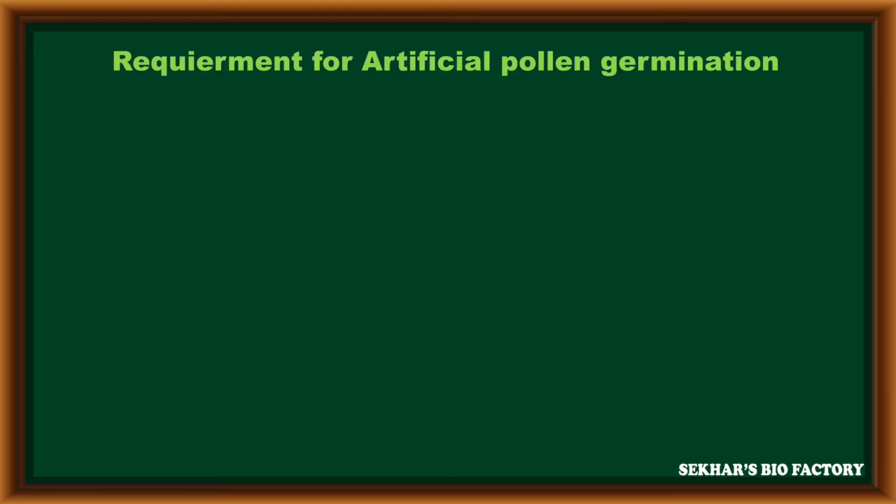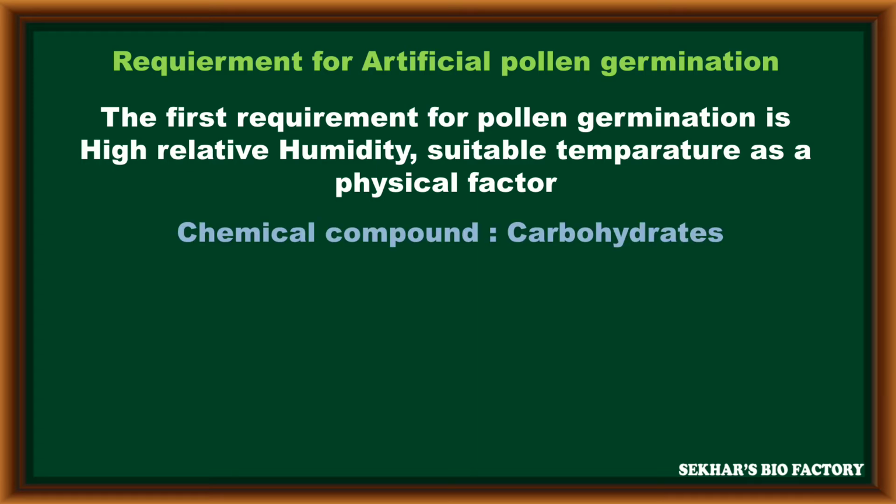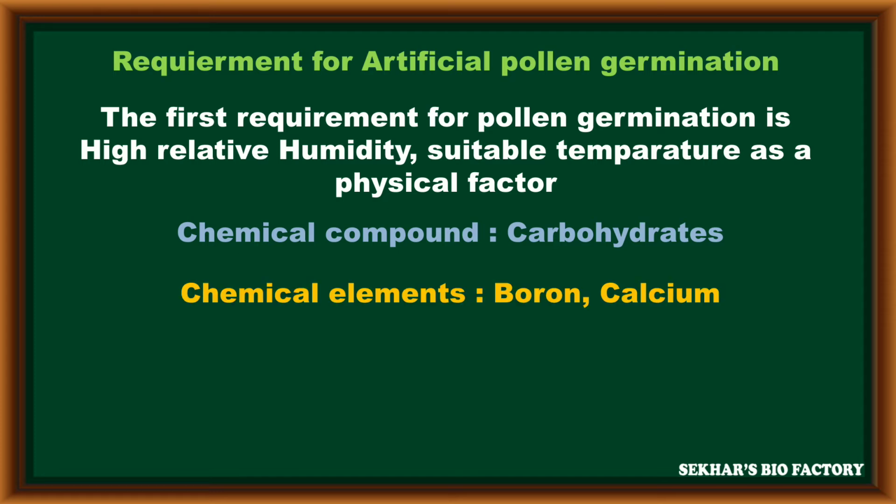The requirements for artificial pollen germination: the first requirement is high relative humidity and suitable temperature. These are useful as physical factors. Some chemical compounds like carbohydrates are needed, along with elements like boron and calcium.